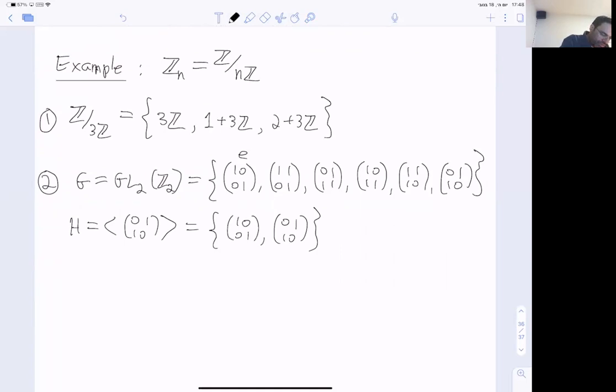Now let us think of G modulo H from the left. So you have H. Let us think of this.